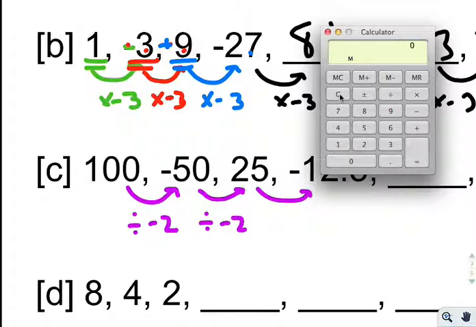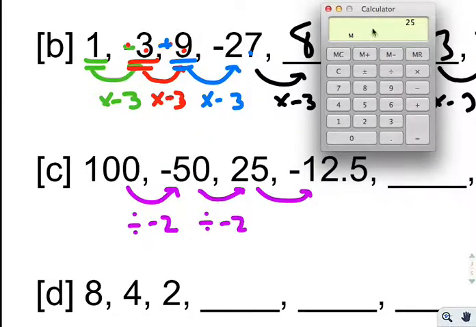Let's go here. So if I put 100 divided by negative 2, I get, oh, I think I subtracted. So 100 divided by negative 2 equals, there it is, negative 50. Then positive 25, which is still matching. Negative 12 and a half.